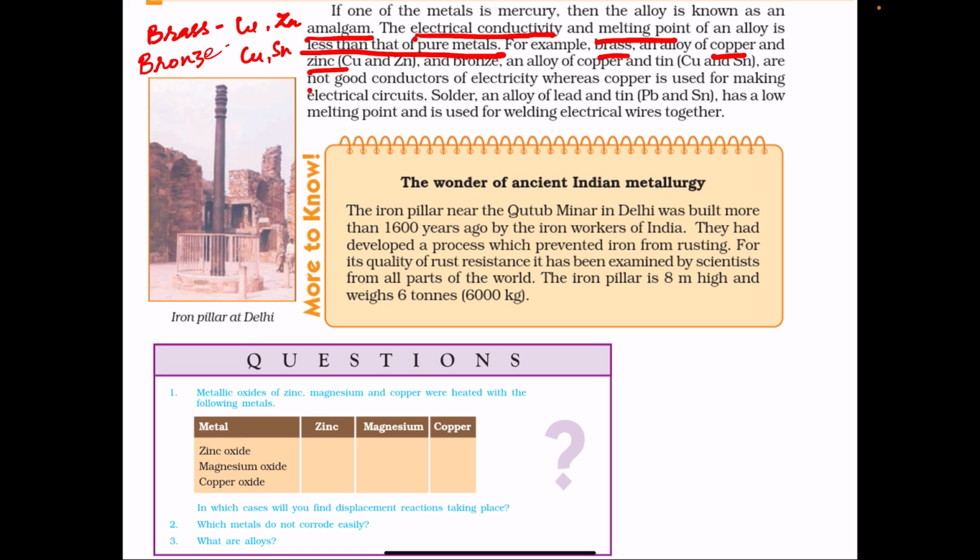They are not good conductors of electricity, means their electrical conductivity is less, whereas pure copper is used for making electrical circuits. Solder, an alloy of lead and tin, has a low melting point and is used for welding electrical wires together.